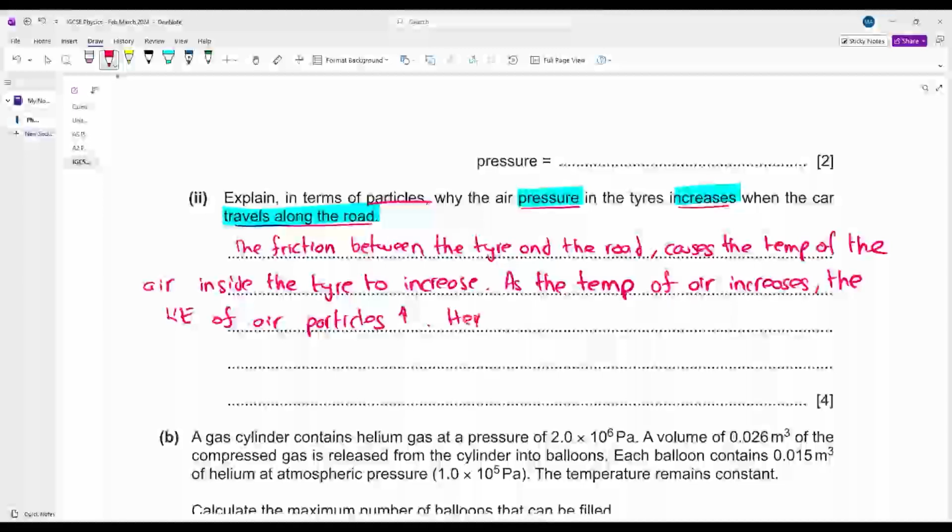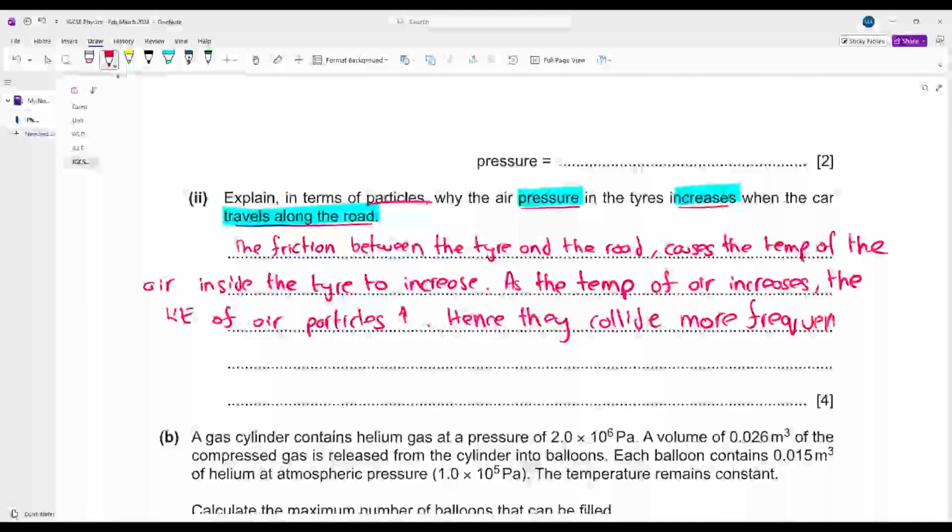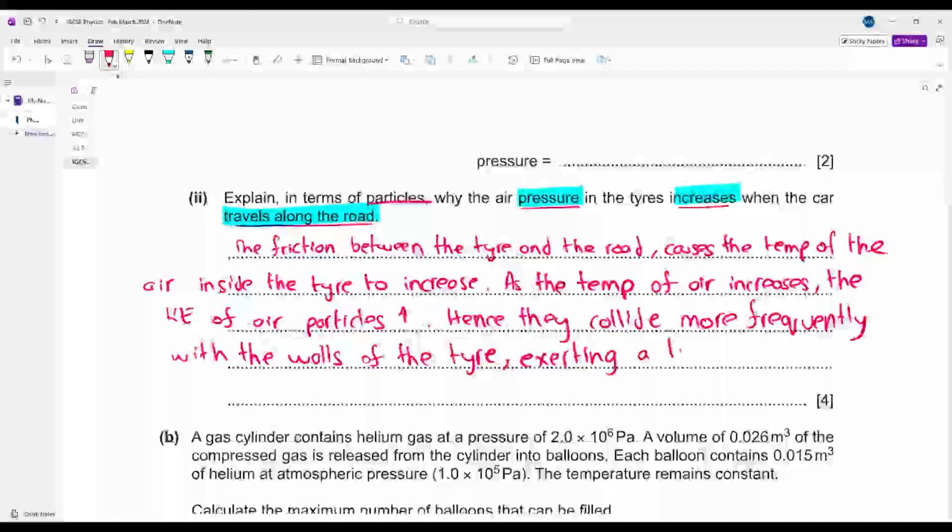Hence, they collide more frequently with the walls of the tire, exerting a larger force and leading to a greater pressure.